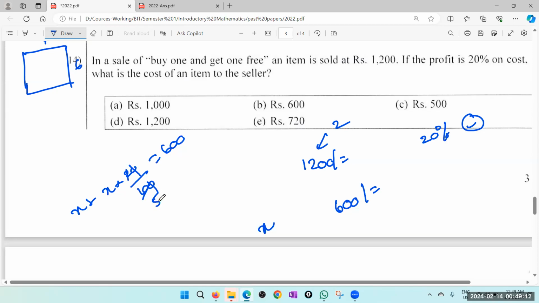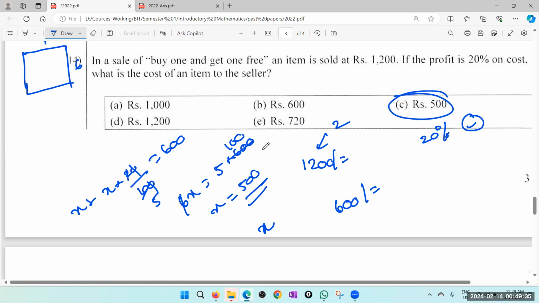I will take 5 as a common denominator. Then 5x plus x is 6x. That 5 I will multiply to this side because now it's a common denominator. That is 5 into 600, and 6x is 3000. So therefore x is 500. So that means this guy has bought it for 500. Okay. So the answer is C. Question 14 answer is C.